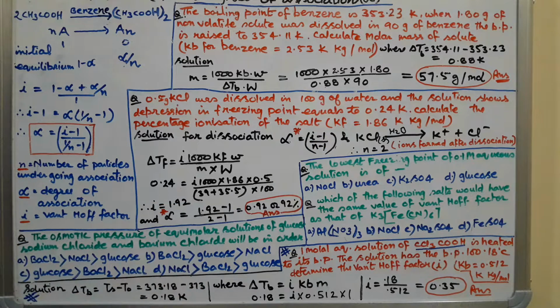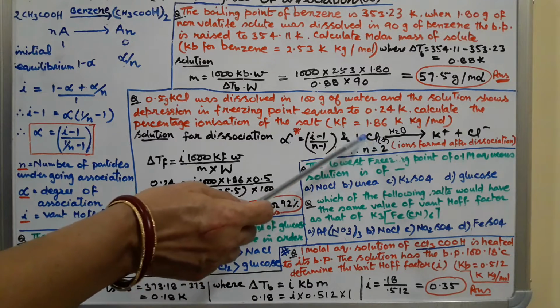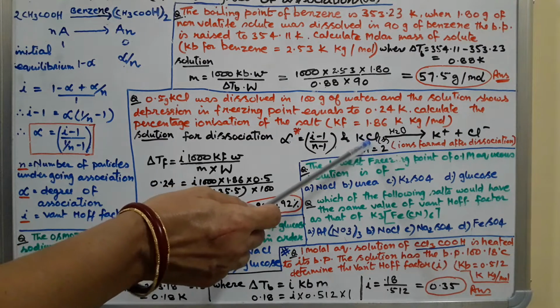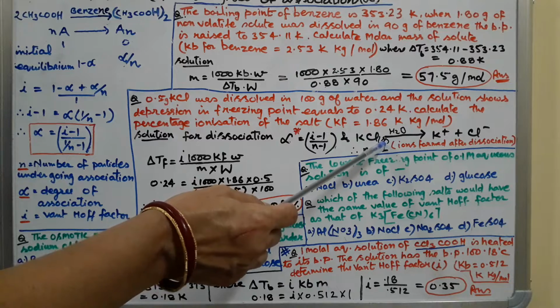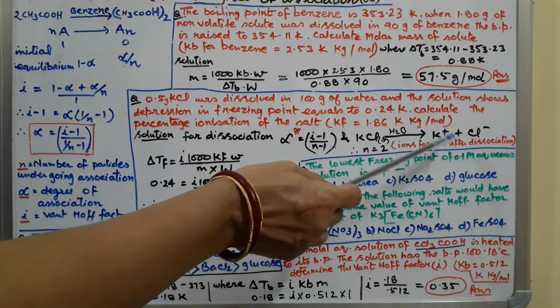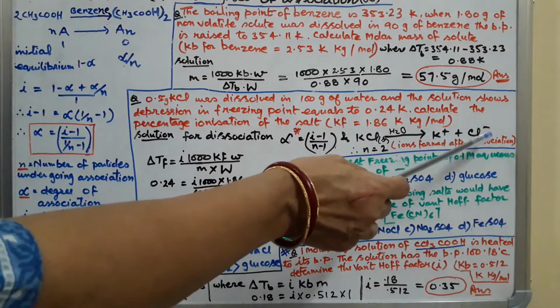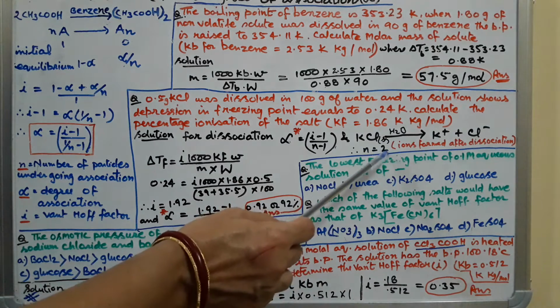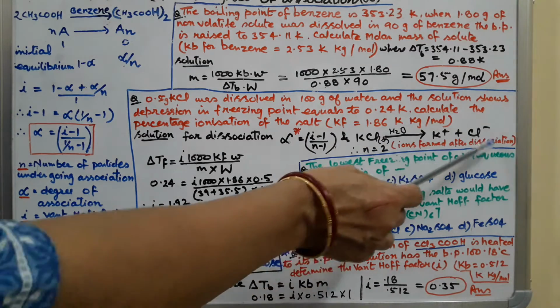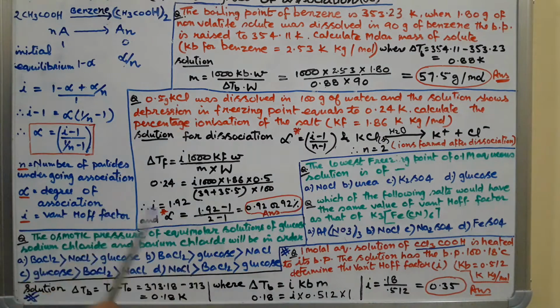So let's see first of all what we have to find out. n: since it is a solid KCl, in presence of water it changes into K plus and Cl minus. So n is the number of ions formed after dissociation. Now we shall come back here. This is a regular formula for the colligative property, that is depression in freezing point.